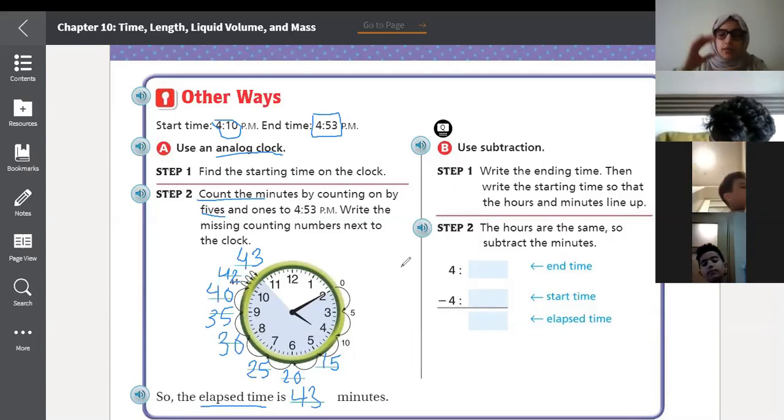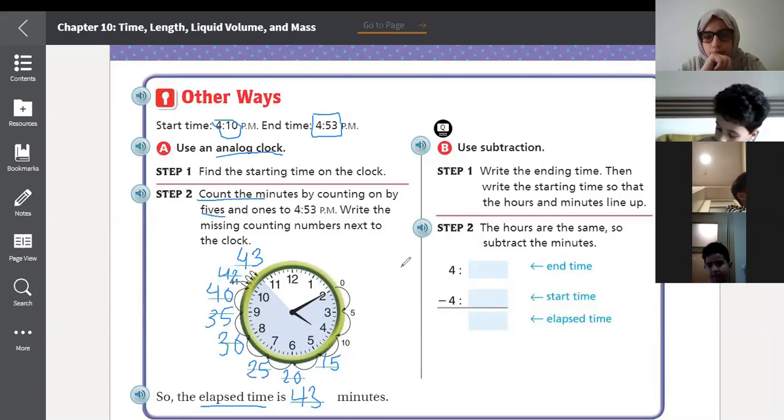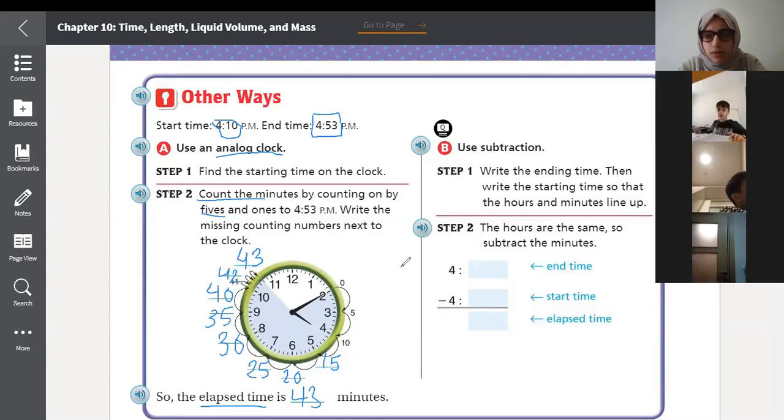Izzat, what was the end time for the activity? The end time, not the elapsed time. Look at the end time here. This is the end time. 4 and 10 minutes after 4 was the start time.